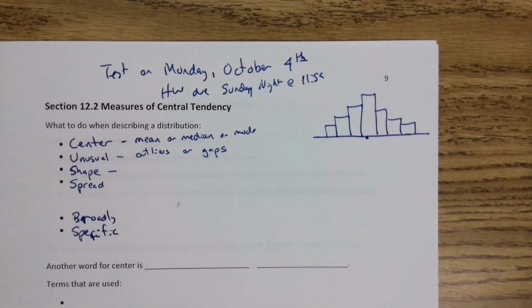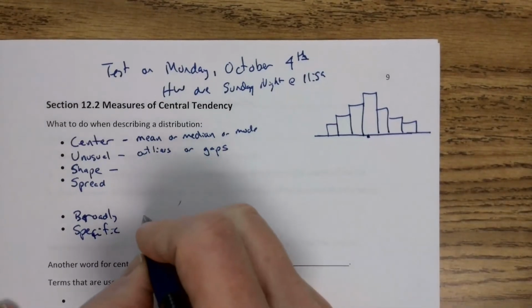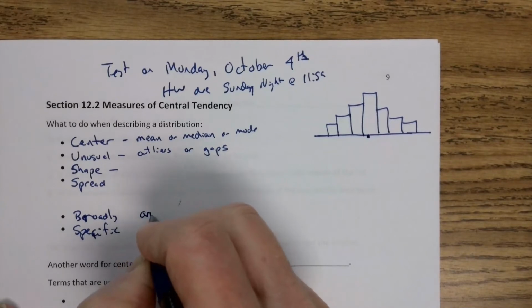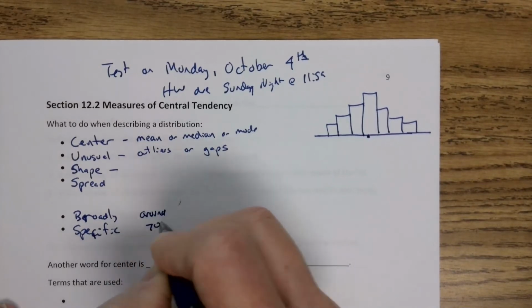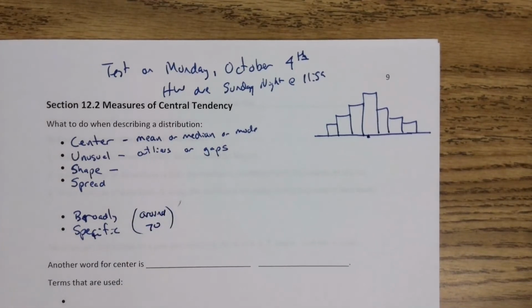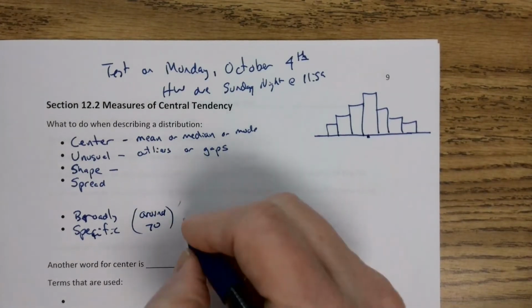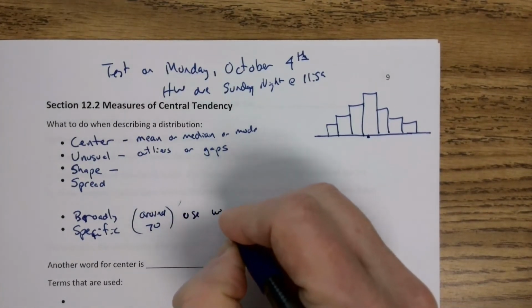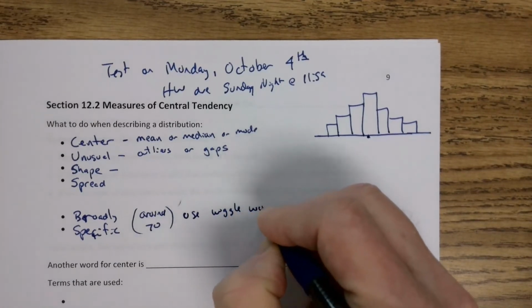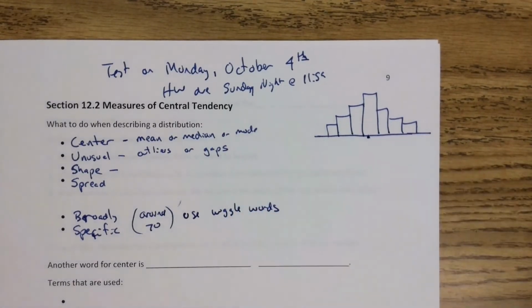Now, what in the world does broadly specific mean? You use something like around 70, which would be a nice way to be broadly specific. You give a little, so you're going to use wiggle words.